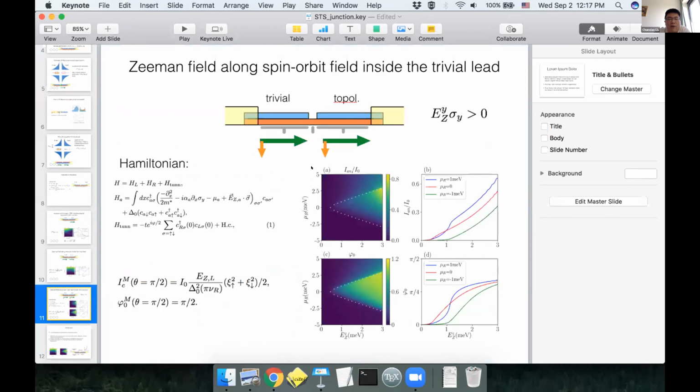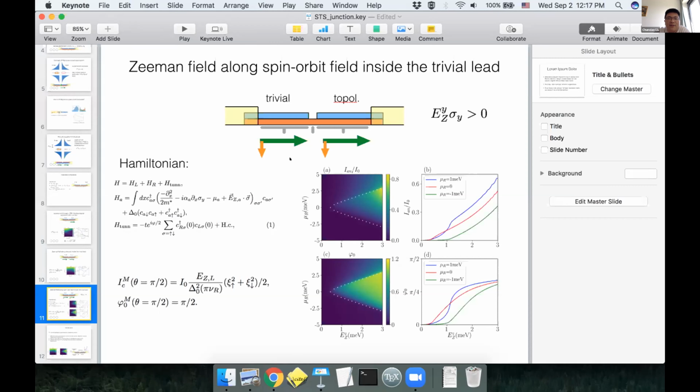So in our model, we tune the chemical potential in the left lead to be large, so that even with the same strength of Zeeman field on both sides, the left lead is still in the trivial phase. Experimentally, this can be tuned by a gate.